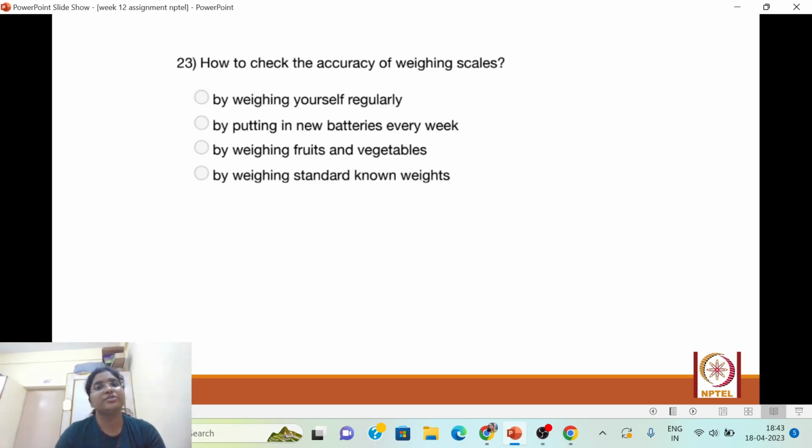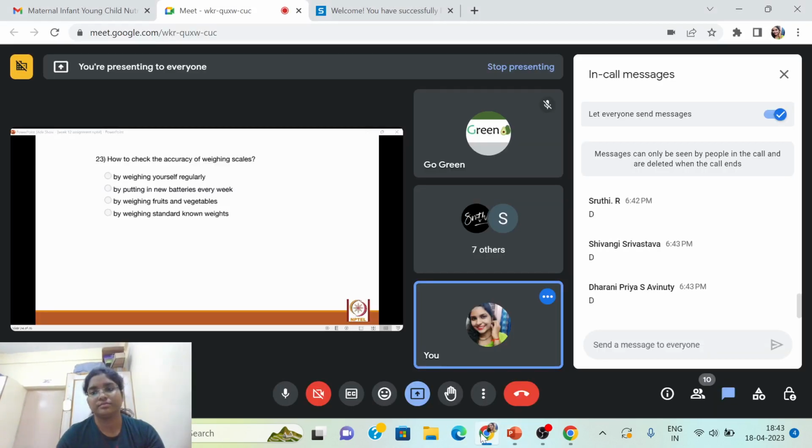How to check the accuracy of weighing scales? By weighing yourself regularly, by putting in new batteries every week, by weighing fruits and vegetables, by weighing standard known weights. Very easy question.